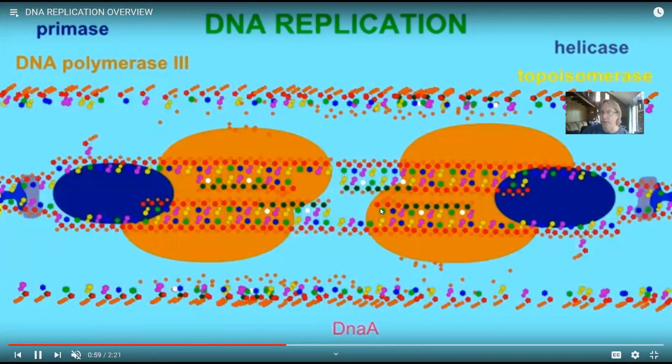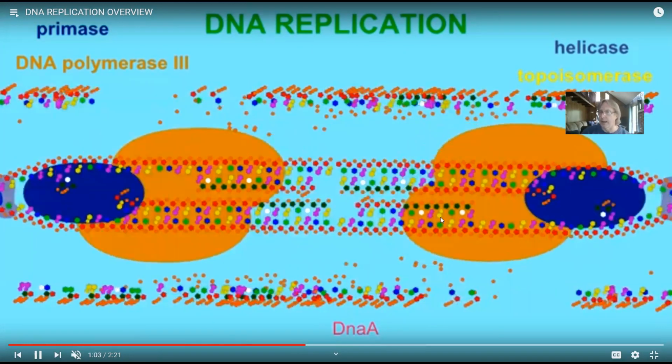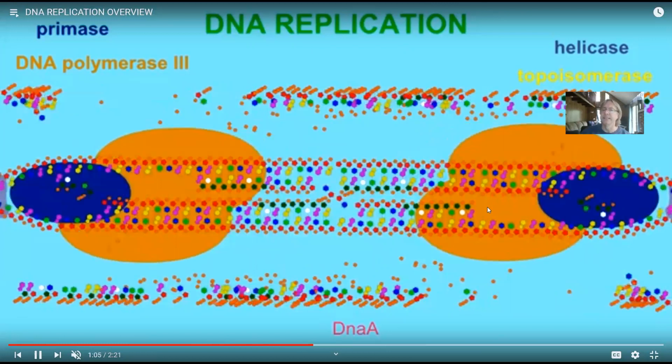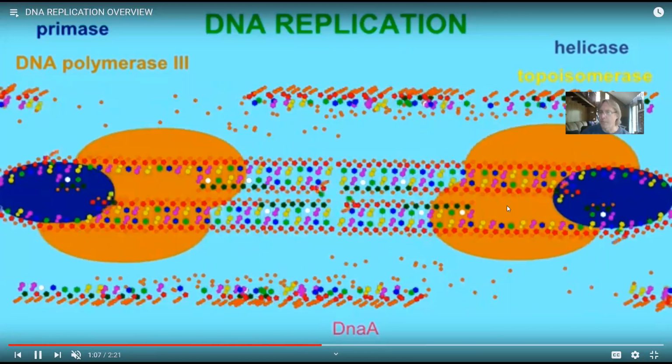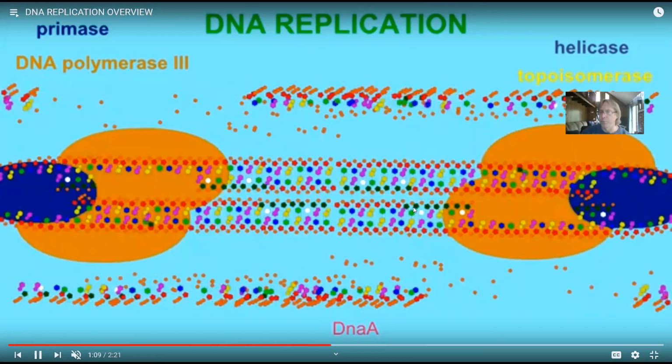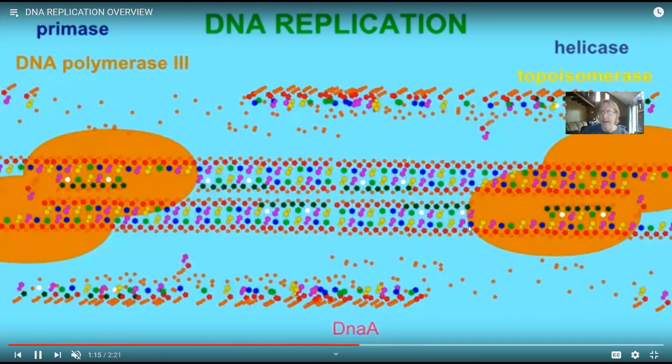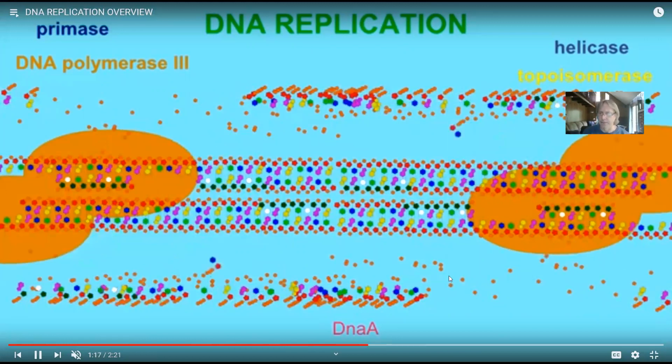While the second strand, what's known as the lagging strand, has to be made in a series of fragments. And so we'll have an RNA primer, a fragment of DNA, an RNA primer, a fragment of DNA, an RNA primer, a fragment of DNA. These are known as Okazaki fragments.